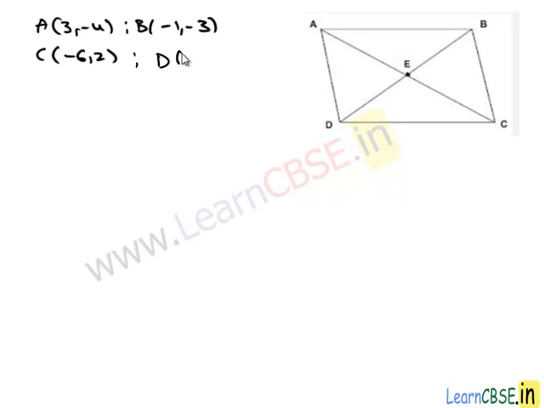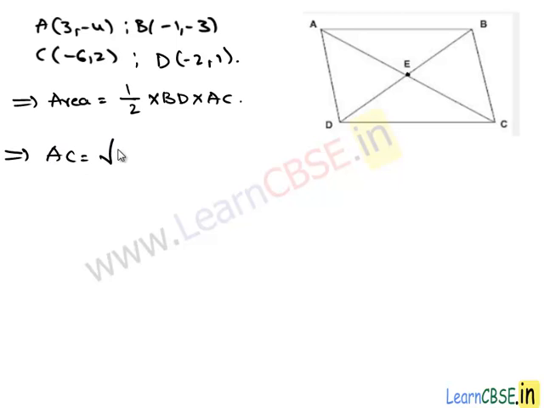And here we have to find the area of this parallelogram. How can we find the area? The area of a parallelogram is the product of base and height. The area of a parallelogram in terms of diagonals is half of the product of the lengths of the diagonals, that is BD times AC. So to find its area, we have to find the distances AC and BD.